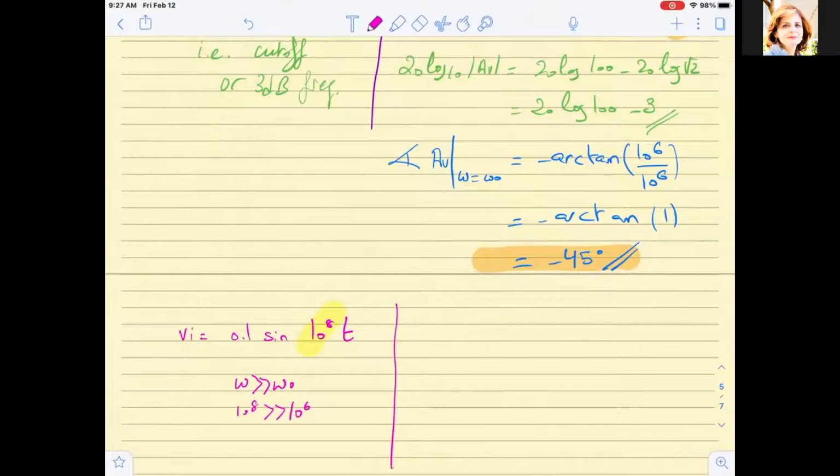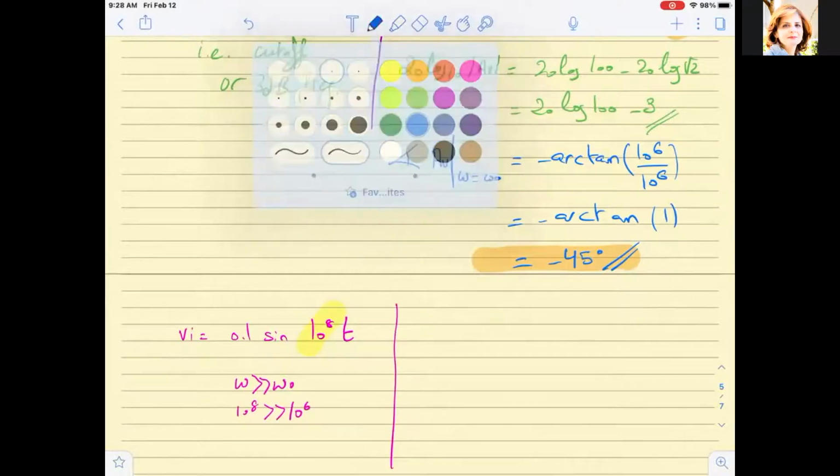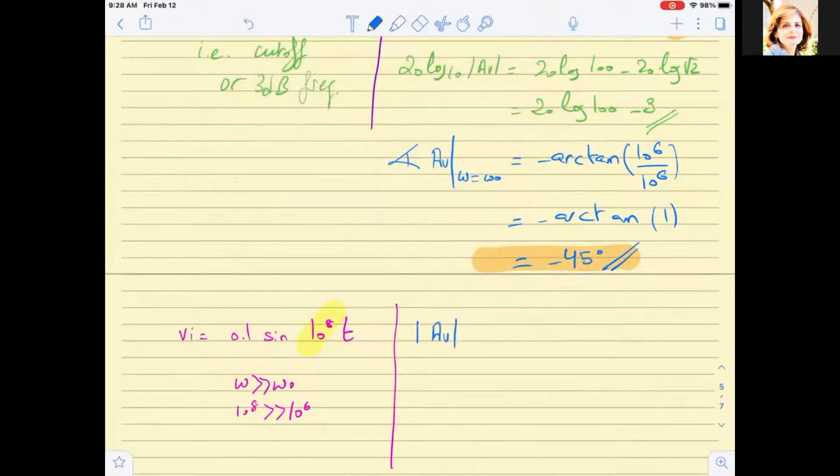Okay, in this case, my magnitude of AV at this omega is going to be 100 over the square root of 1 plus 10 to the 8 over 10 to the 6 squared. So notice how this term now becomes dominant, and this is like 100 over 10 to the 8 over 10 to the 6 squared, square root of it becomes 100, and so my gain becomes 1.